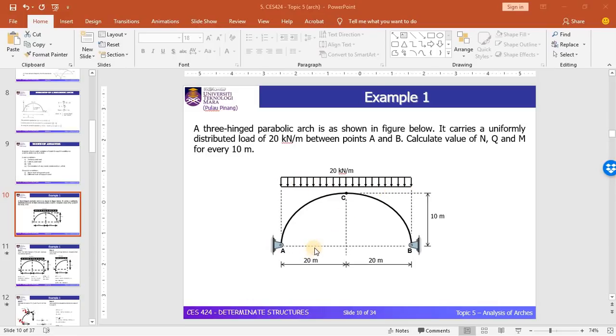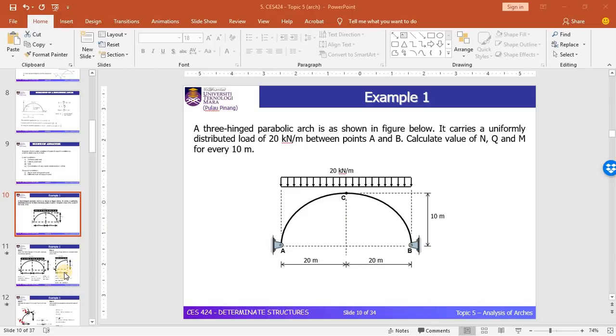The span is 40 meter, so 20 meter each side. Based on this problem, we need to analyze the internal forces of the arch at every 10 meter. So let's discuss the solution of this example.